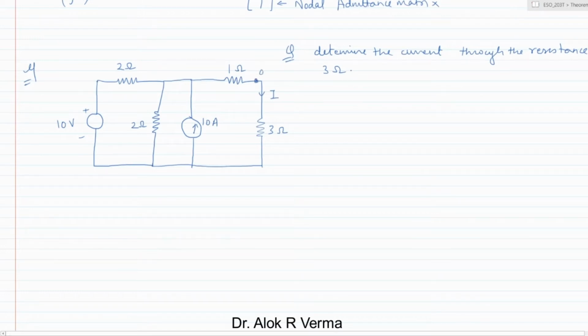Let us separate this out. The first step is to remove the 3 ohm resistance from the circuit, without the resistance between terminals A and B. So redraw the circuit.